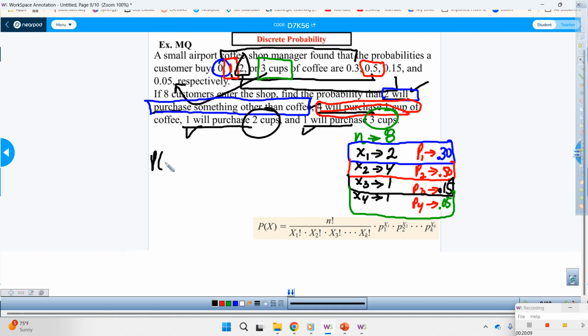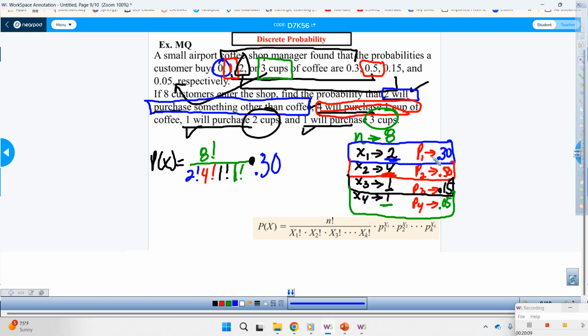All right. Set up your formula. P of x equals 8 factorial over 2 factorial, which is this one, times 4 factorial, which is this one, times 1 factorial, which is this one, times 1 factorial, which is that one, times, now the percentages, 0.30 to the what?